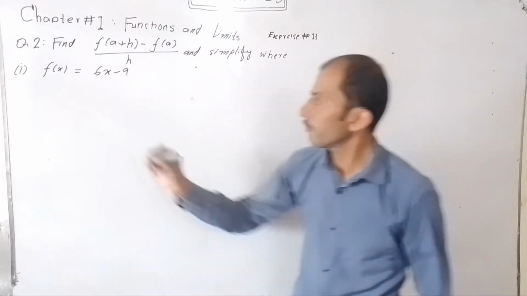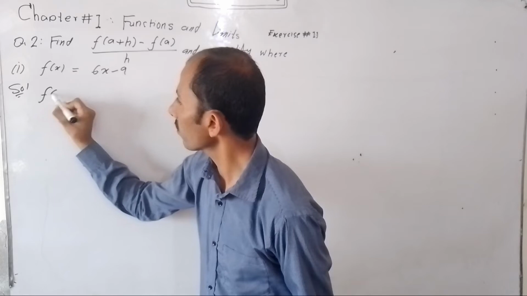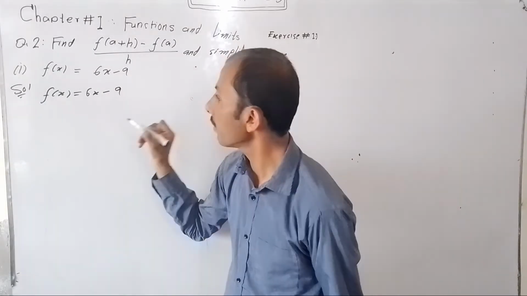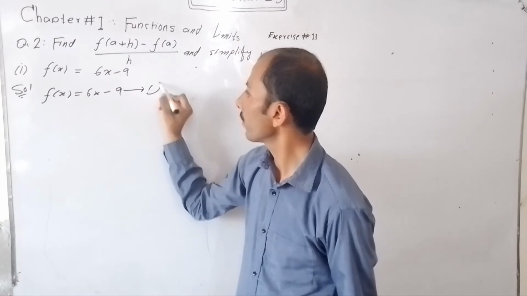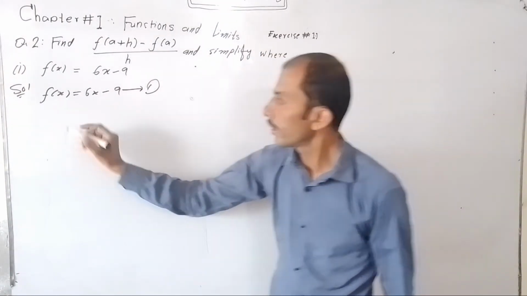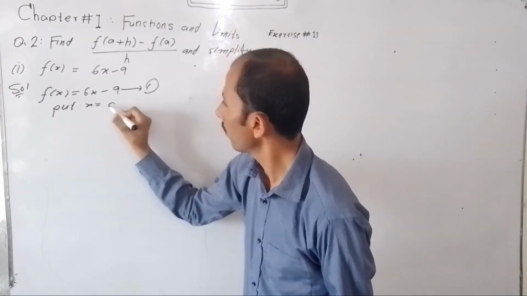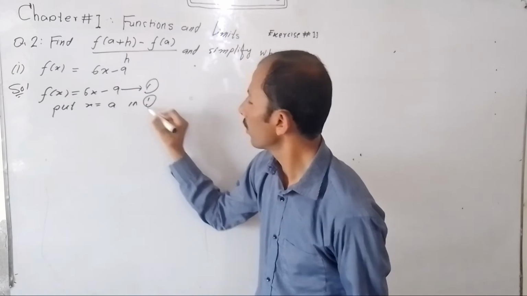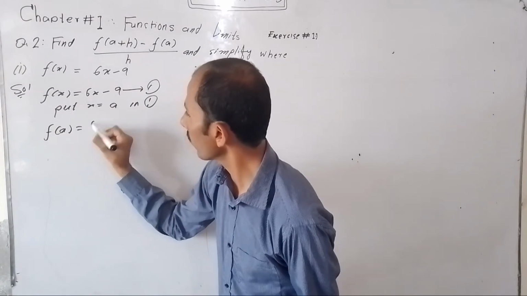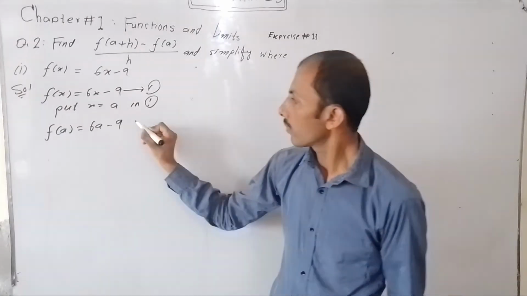First of all, f of x is equal to 6x minus 9, equation number 1. Put x is equal to a in 1. So 1 becomes f of a is equal to 6a minus 9, equation number 2.